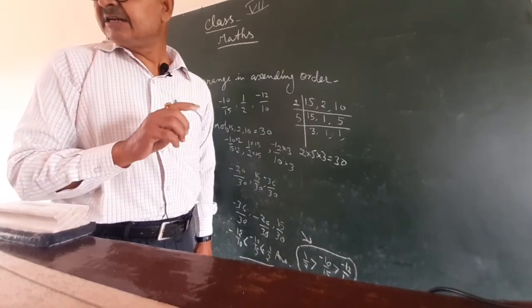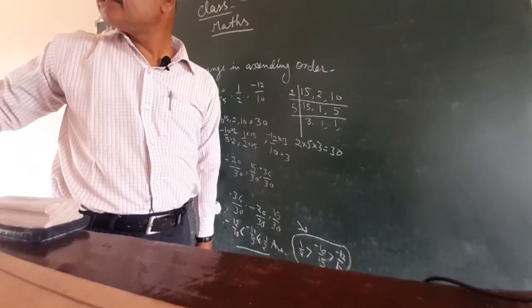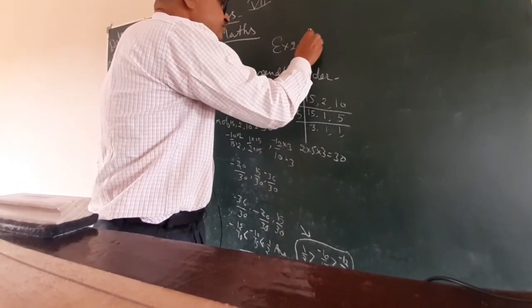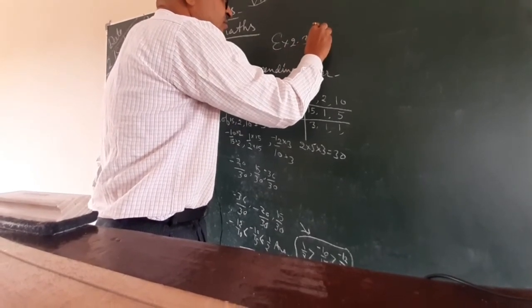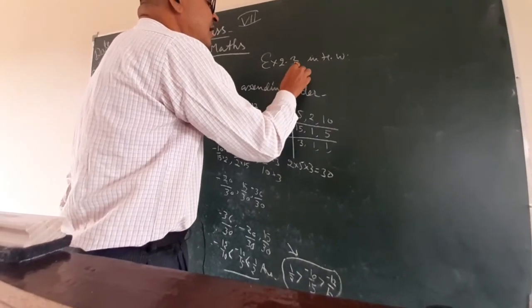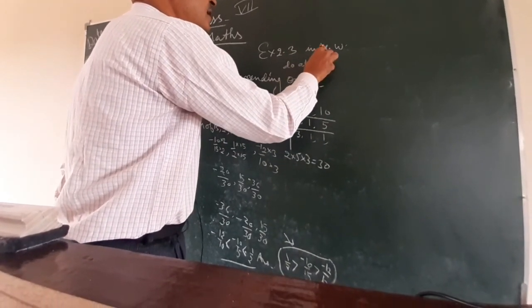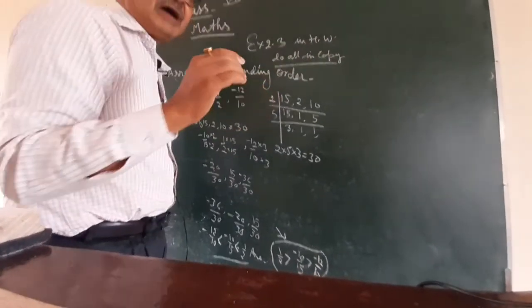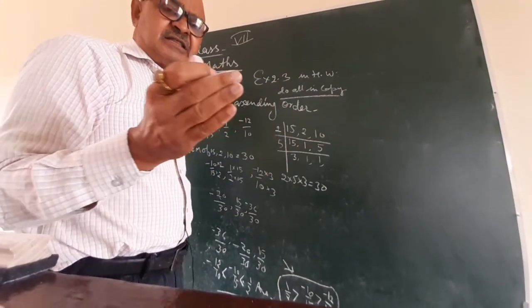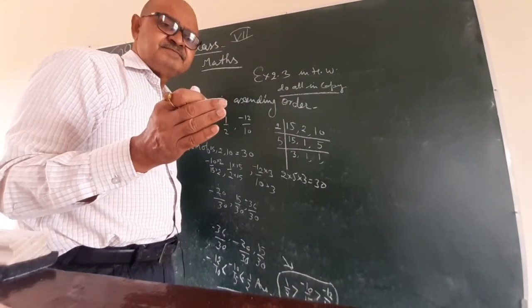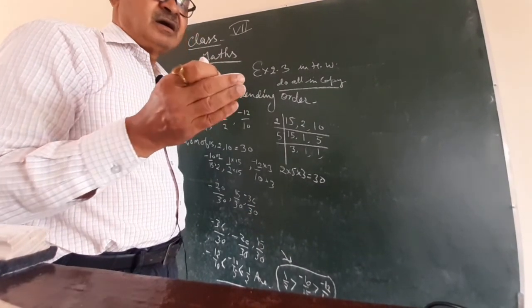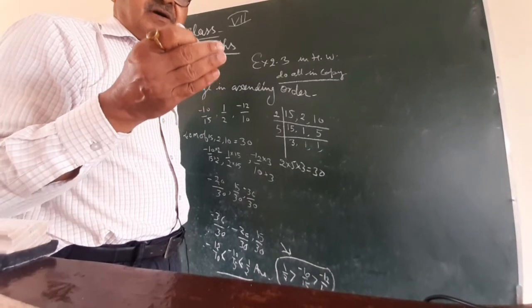So, for homework, do exercise 2.3 of this chapter. Do it all in your copy, and if you have any problem, then call and talk about it.